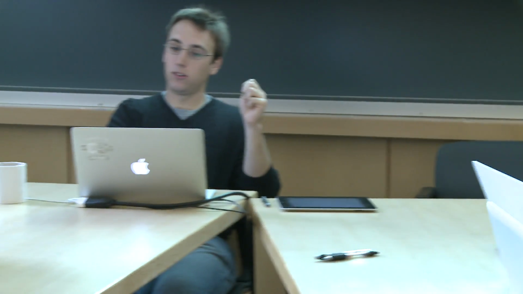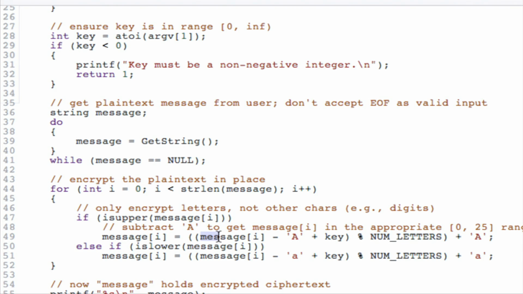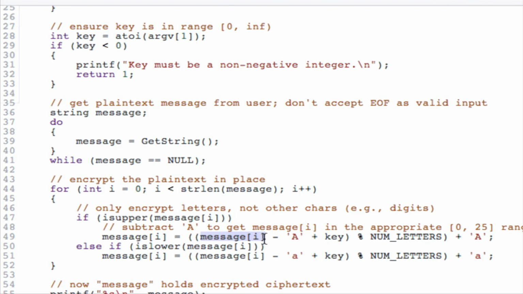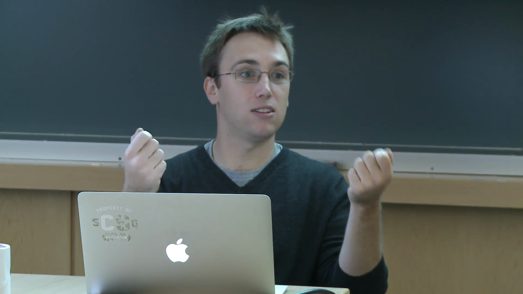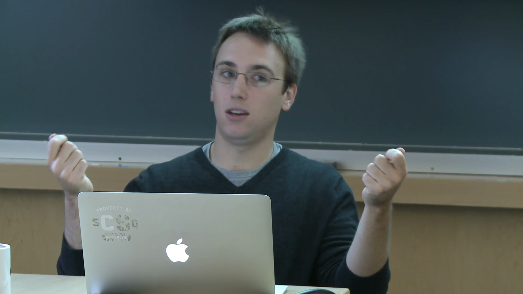So what Saad said was that when we want to add our message and our key together, and then mod that by num letters, if we don't scale our message into the appropriate 0 to 25 range first, then we might end up getting a really weird number, because the values that we're looking at when we look at message sub i, when we look at the ith character of our plain text message, is a value somewhere in this kind of 65 to 122 range based on the ASCII values for uppercase A through lowercase z.